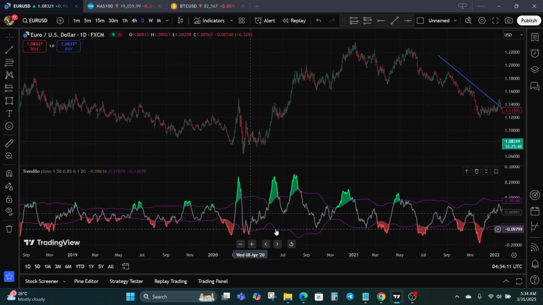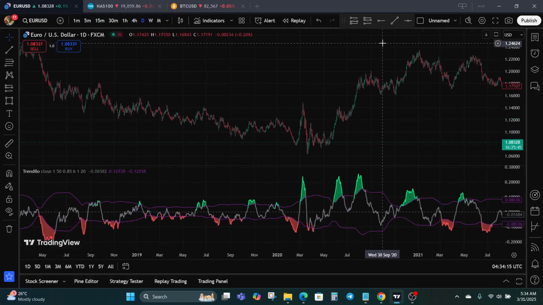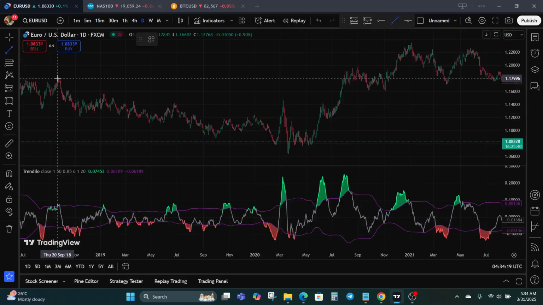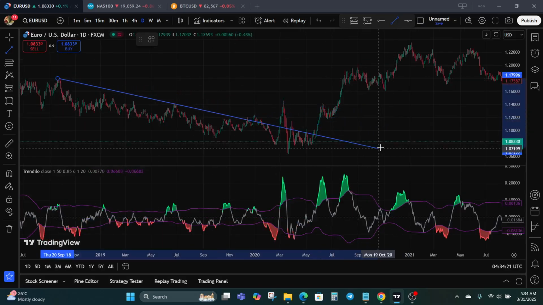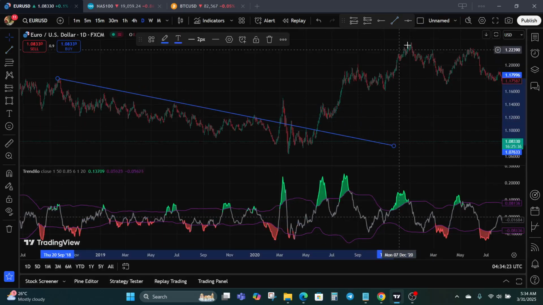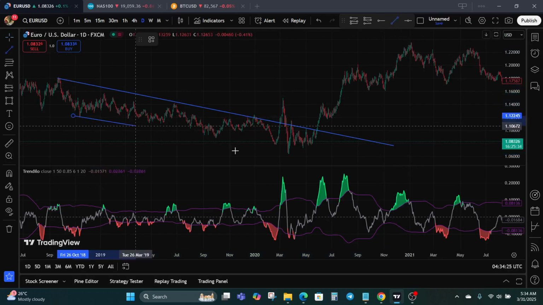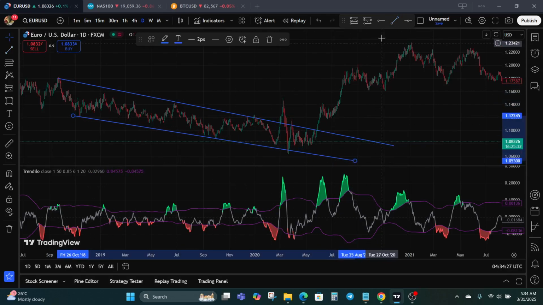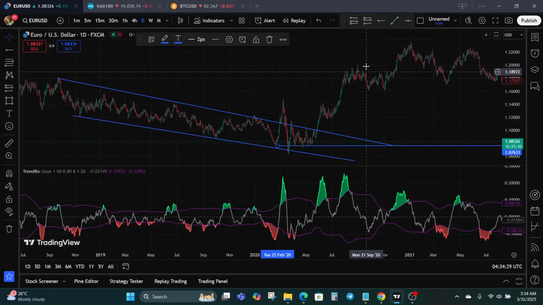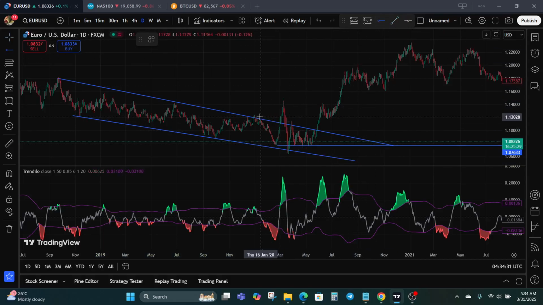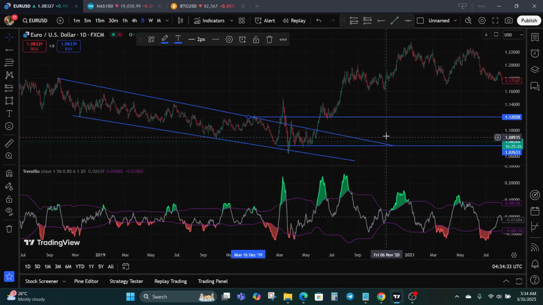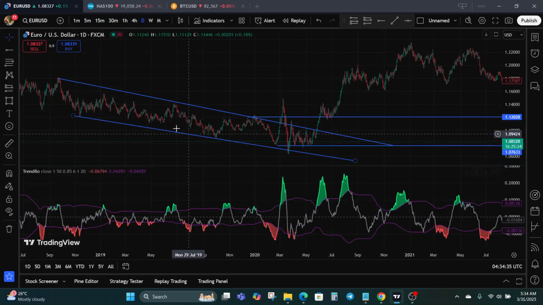And when you have the red shade, it shows that bearish momentum is prevailing. So what do you do? You have to add market structure to increase your chances of success. Please add market structure, use trend lines, use support and resistance zones to enhance your accuracy, right?